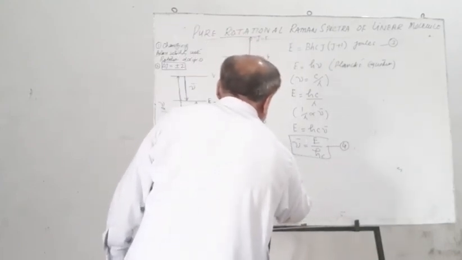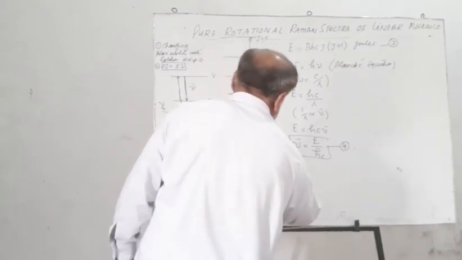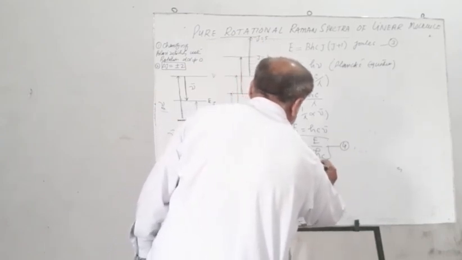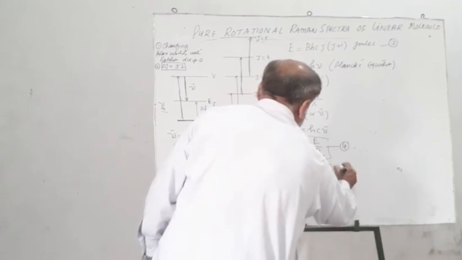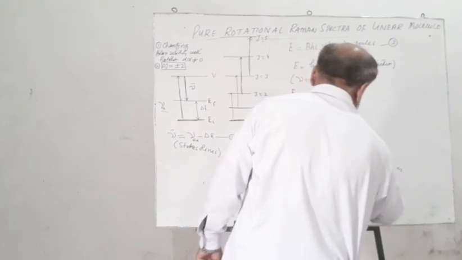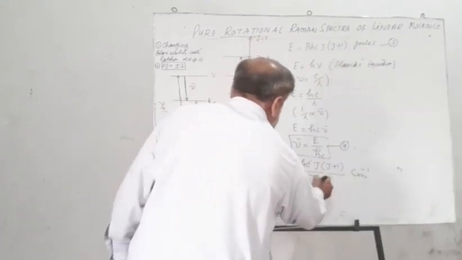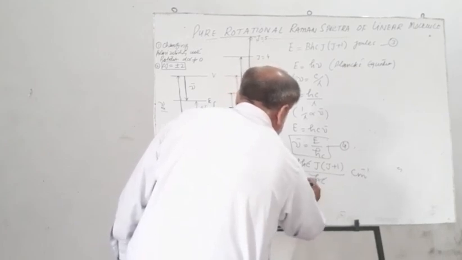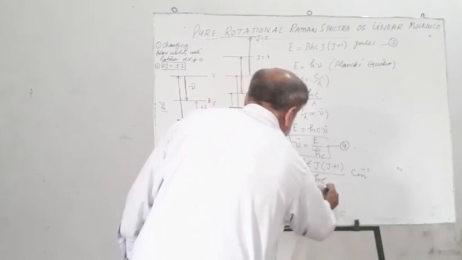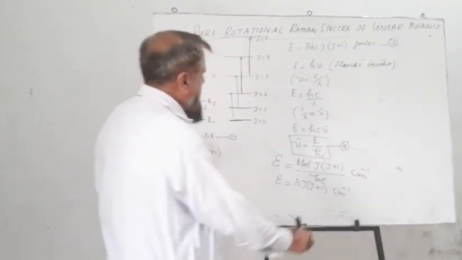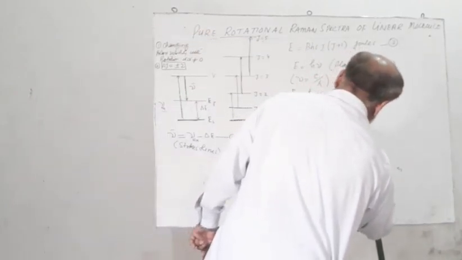Therefore, the expression for energy in per centimeter, denoted by epsilon, is equal to BhcJ(J plus 1) divided by hc, per centimeter. hc will cancel out and we get the energy as BJ(J plus 1) per centimeter. This is the expression for the energy of rotational energy levels.